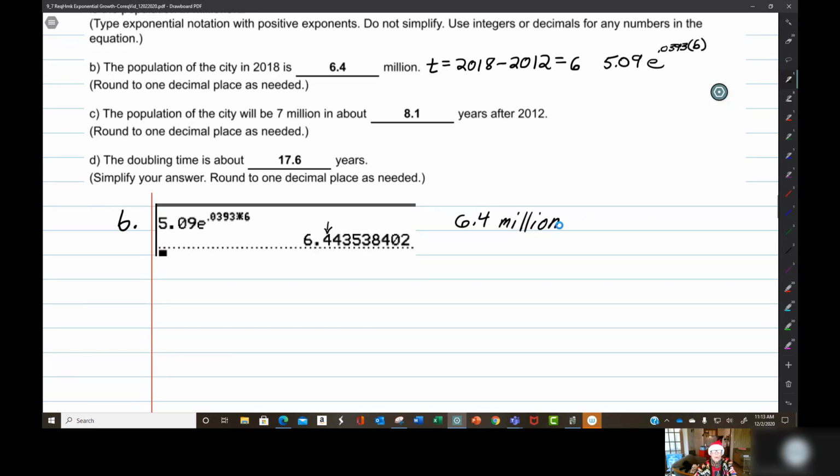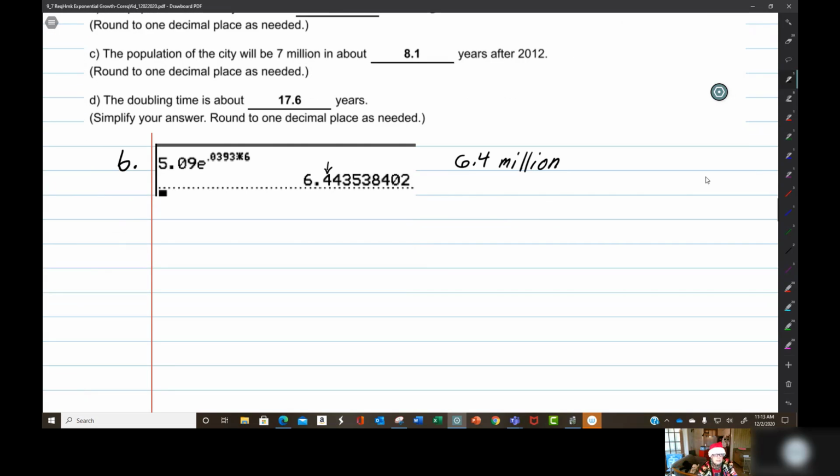All right, now we have a trickier problem. C says the population of the city will be 7 million in about how many years after 2012? Well, aside from seeing the answer, we have to pretend we can't see it. Here's our formula.